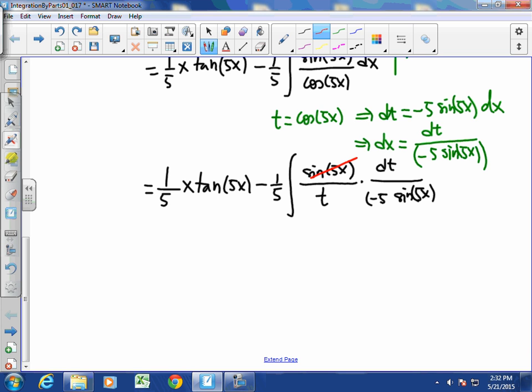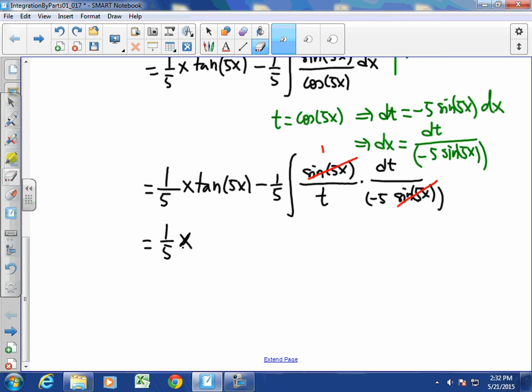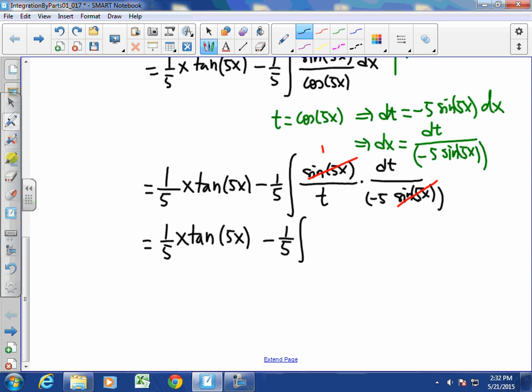So in this case, sine of 5x cancels out. Now see that we have dt over negative 5t.